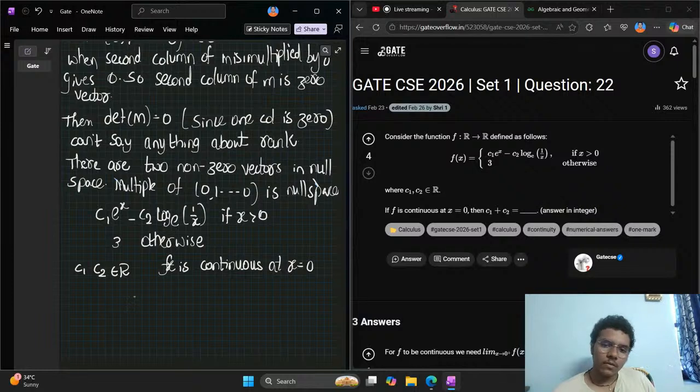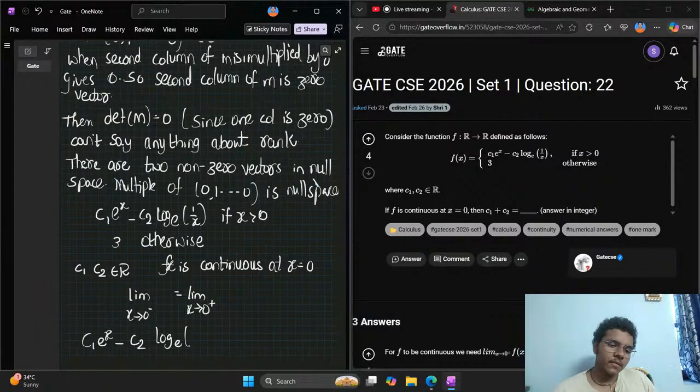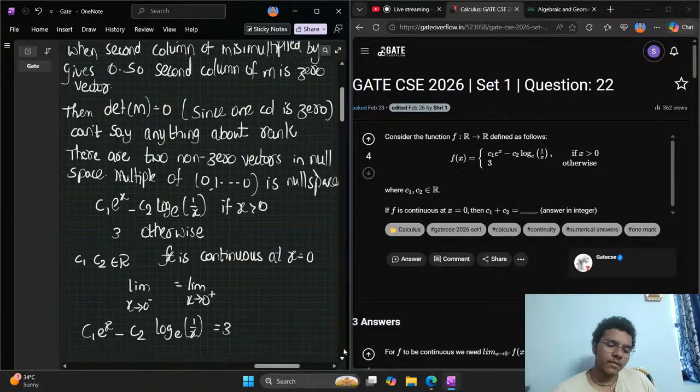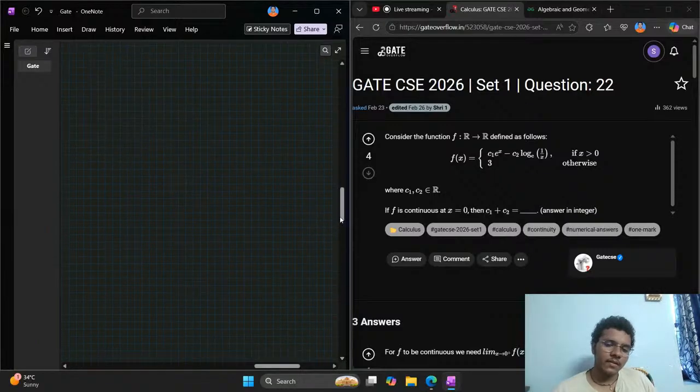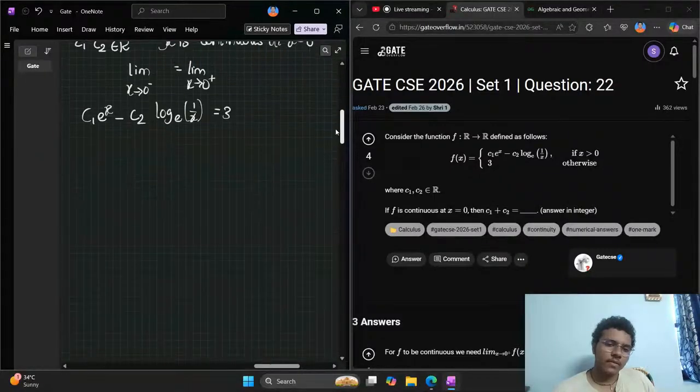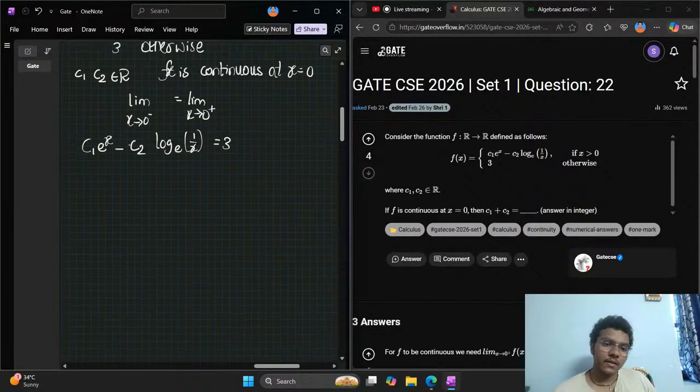So limit x tends to 0 minus is equal to limit x tends to 0 plus, right? C1 e power x minus C2 log e 1 by x is equal to 3, if the limits are to be satisfied, right?